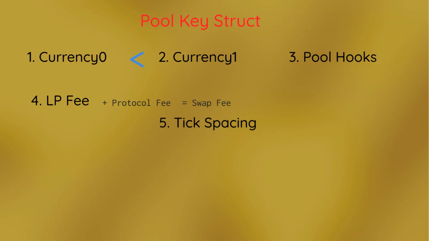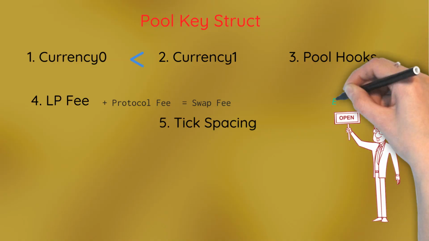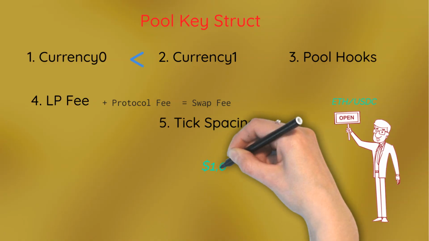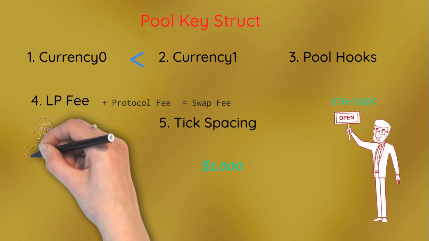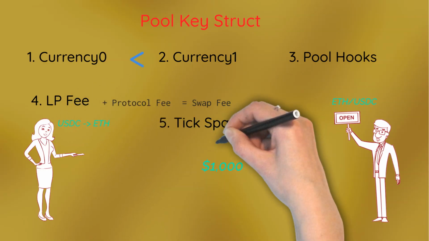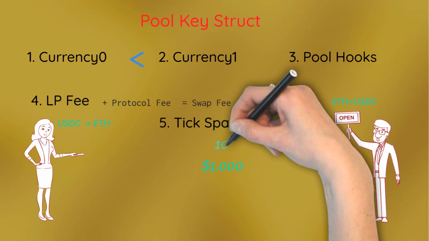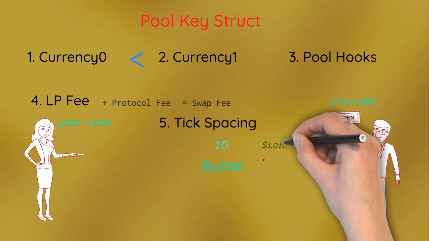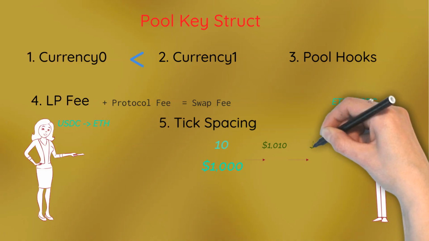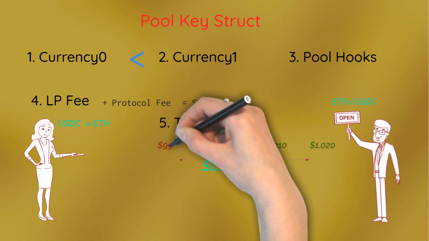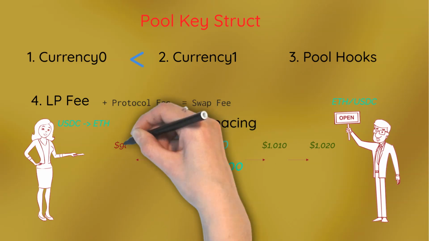Here is a simplified example of how tick spacing affects your liquidity range. In an Ether USDC pool, let's assume that the initial price of the pool is 1000 USDC for Ether, which means 1 Ether is worth 1000 USDC. With tick spacing of 10, the pool will stay in range as the price moves in steps of 10, like 1010, 1020, or down to 990, 980, and so on.